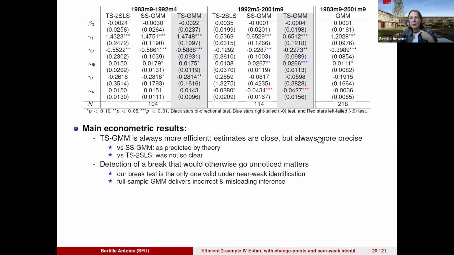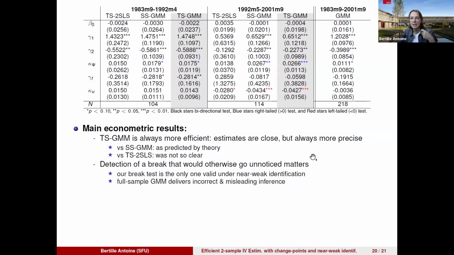Now, the two left panels here are the estimation results obtained by these three competitive methods: two-sample GMM, two-sample 2SLS, and split-sample GMM. Ours is in shaded gray.